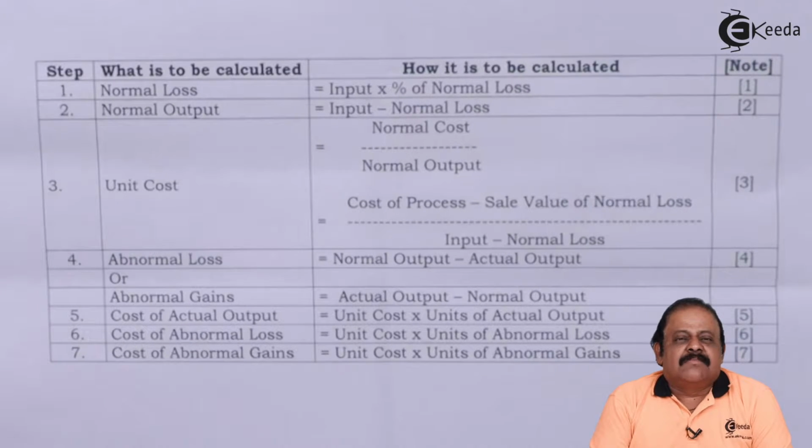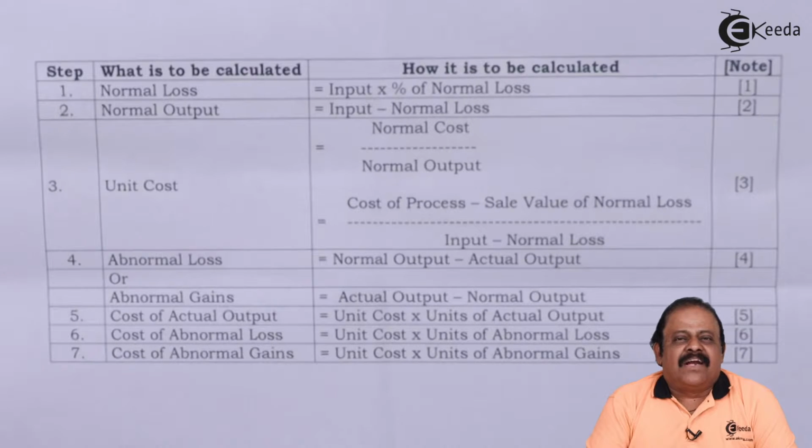Under process costing method, accounting is done with the help of opening process accounts for various stages. That means if there are three stages of production, for example stage A, stage B and stage C, then we will have three process accounts, that is process A account, process B account and process C account.